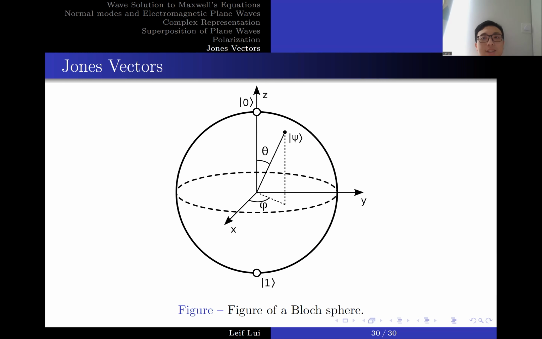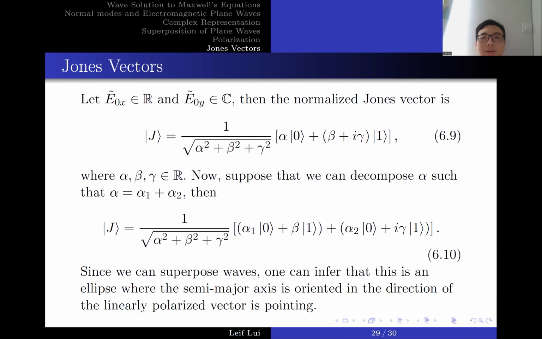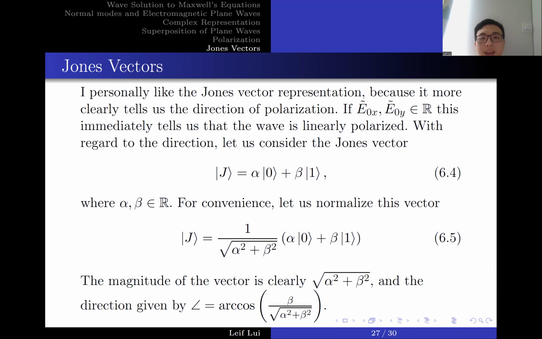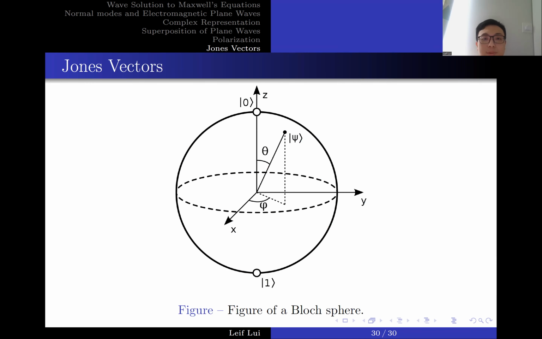What is nice about this is that a lot of the phenomena in optics have a nice correspondence to classical mechanics and quantum mechanics. Notice that here we have not introduced any quantum mechanics, right? This is a purely classical argument, yet it has a beautiful correspondence to a concept in quantum mechanics, namely the Bloch sphere.